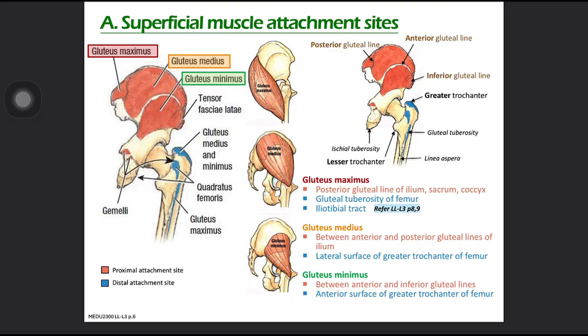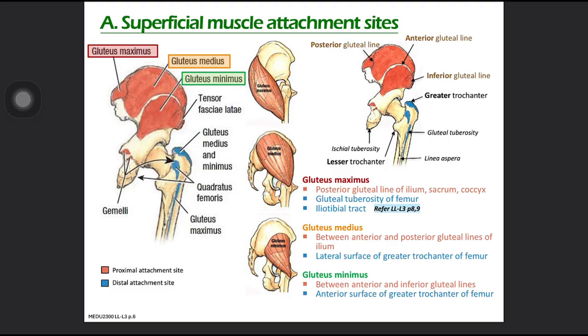So now you may ask whether or not you need to remember all the exact distal and proximal attachment sites of all these muscles. The answer is, it depends. The original idea of putting all these here is for your better understanding.